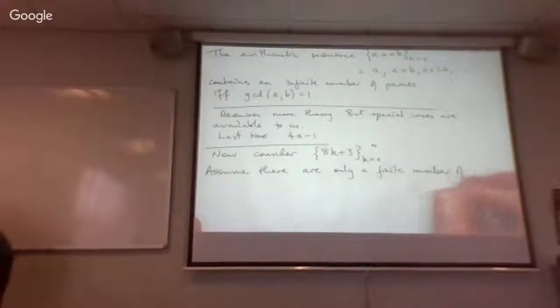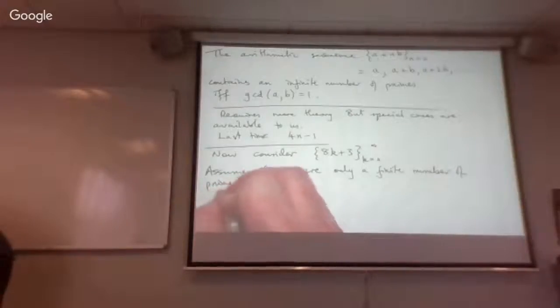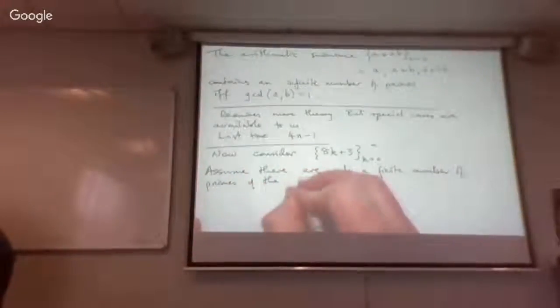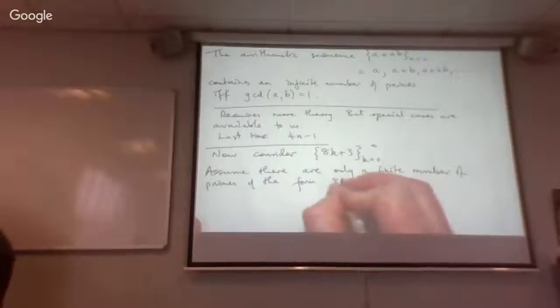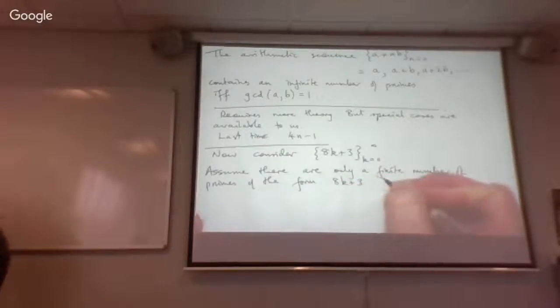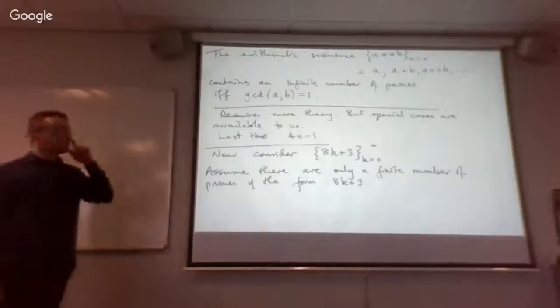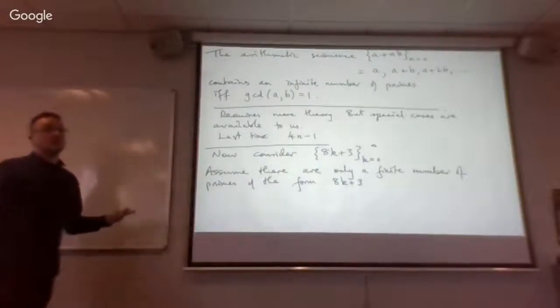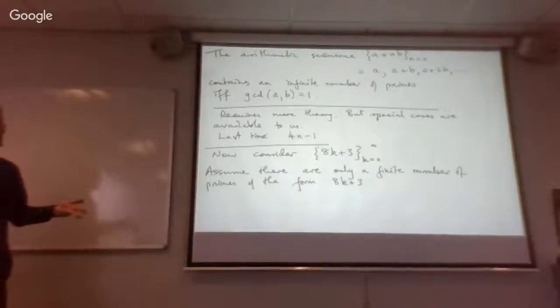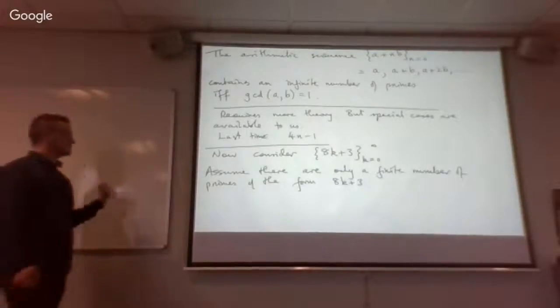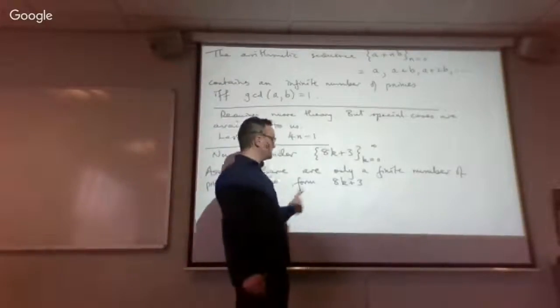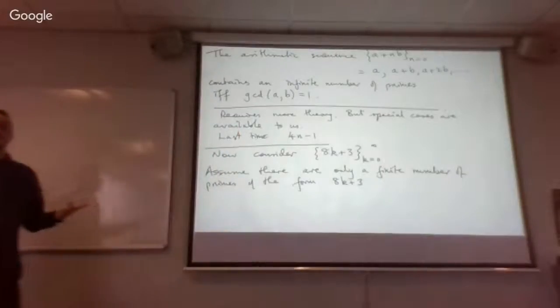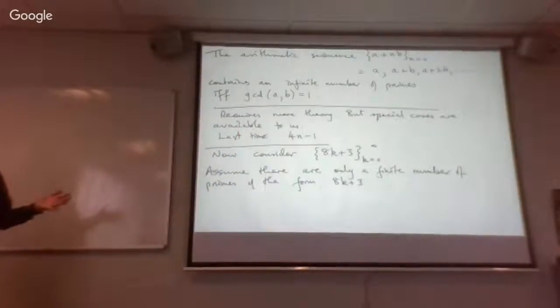of primes here. There are certainly some, because 3 is of this form, 11 is of this form, 19 is of this form, 27 isn't, 35 isn't, but 43 is.